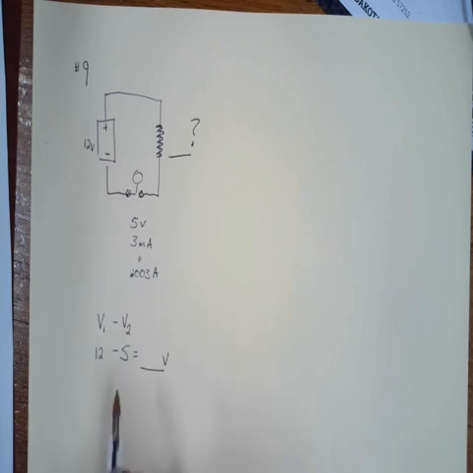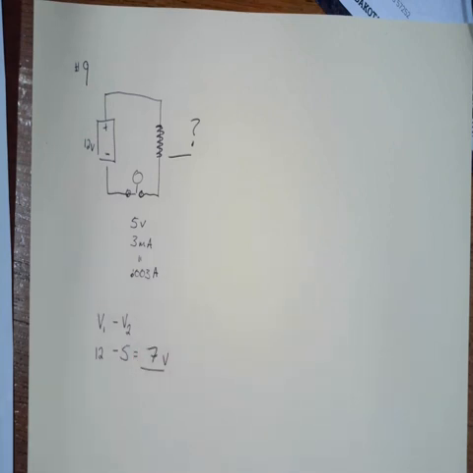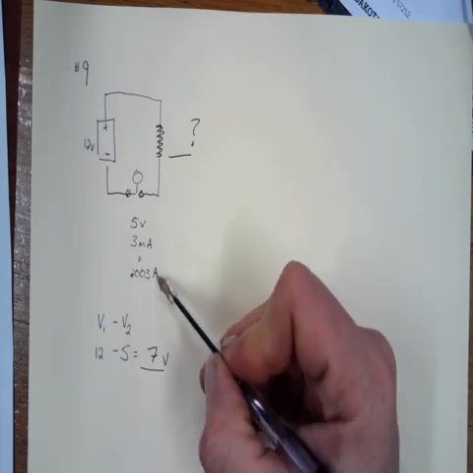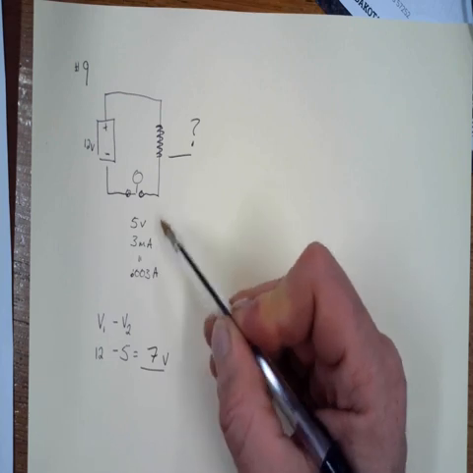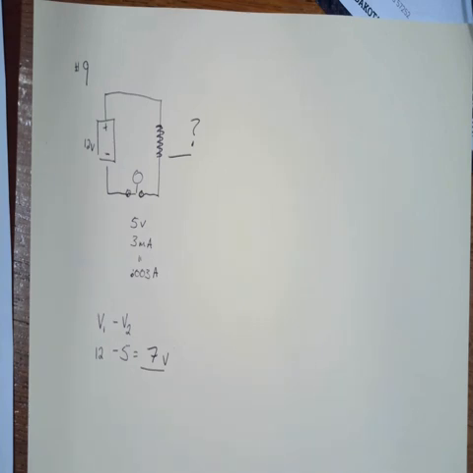At this point, 12 minus 5 is 7 volts. Now you can solve using 7 volts and 3 milliamps and solve to find out what your resistance value needs to be for this circuit.